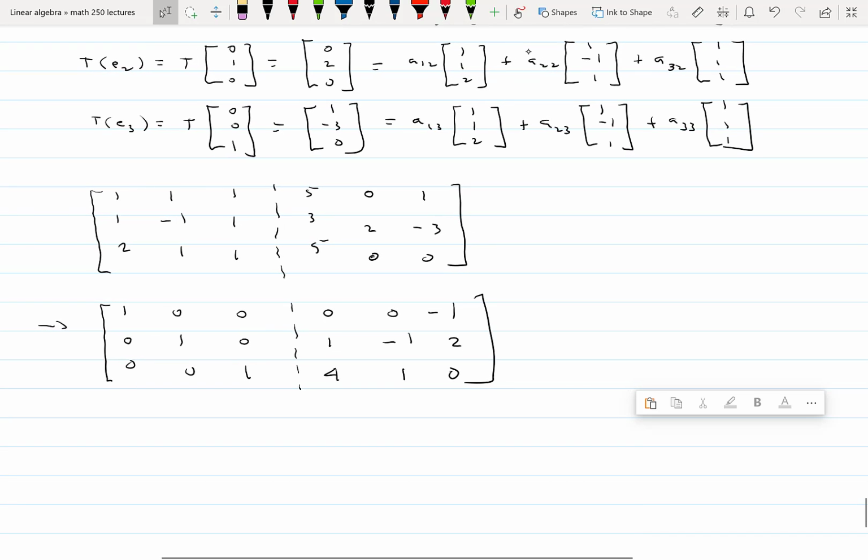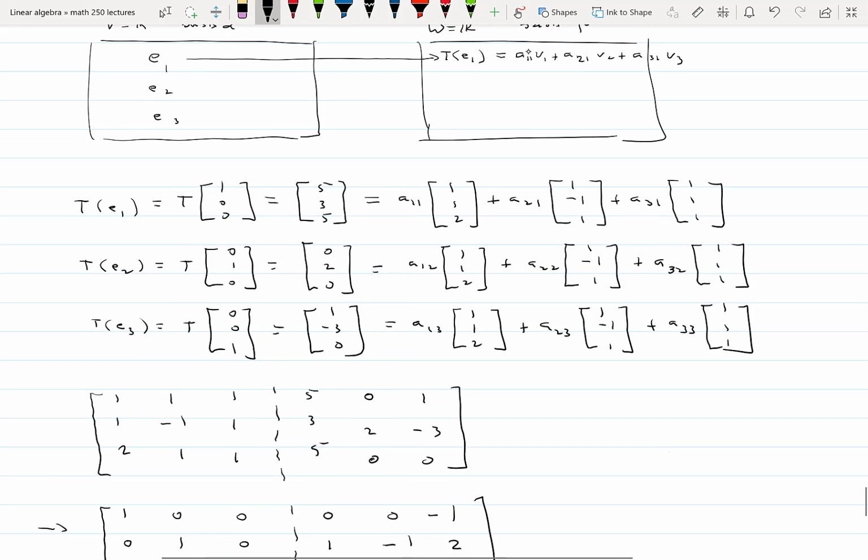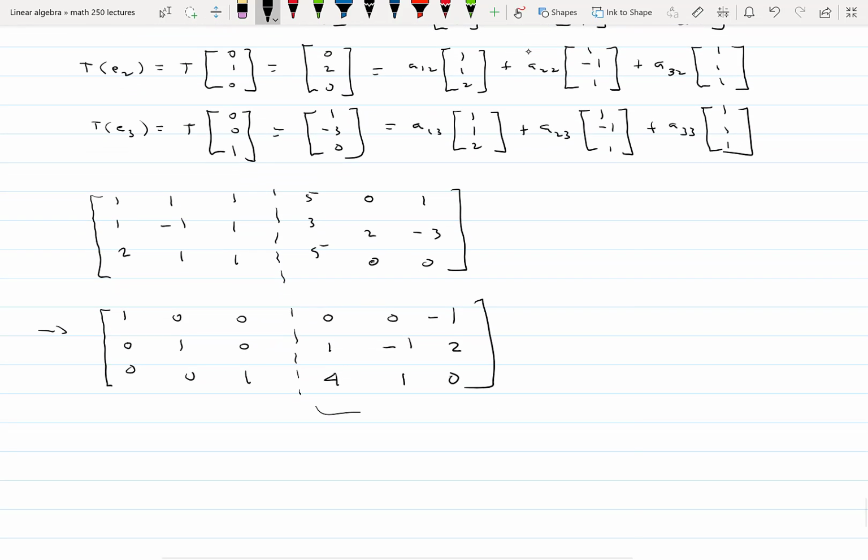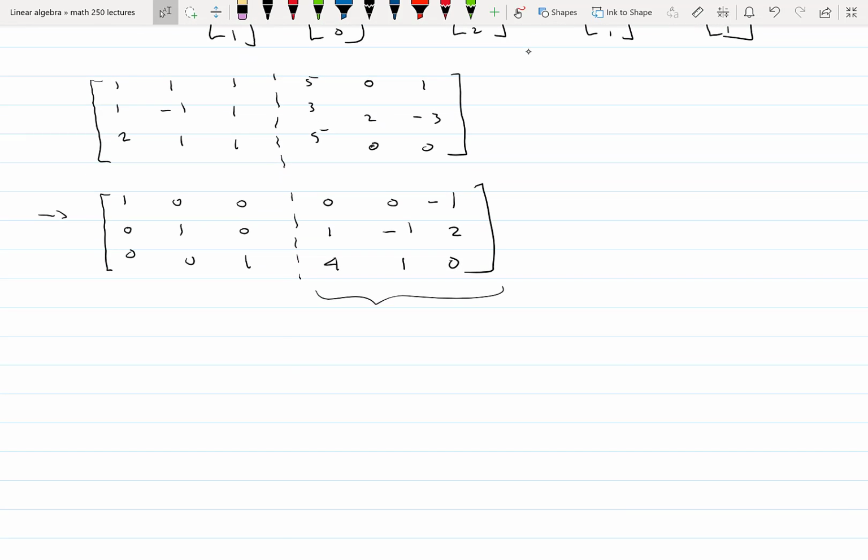So the 3 by 3 matrix on the right, that is the matrix we're looking for. That is the matrix of T with respect to the bases alpha and beta. Okay, so that is our goal.